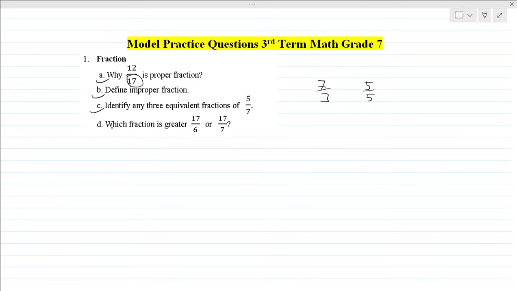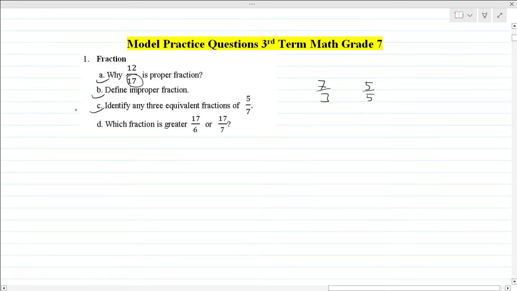For finding them, you multiply both numerator and denominator by the same natural number, or whole number other than 0, and then you get an equivalent fraction.